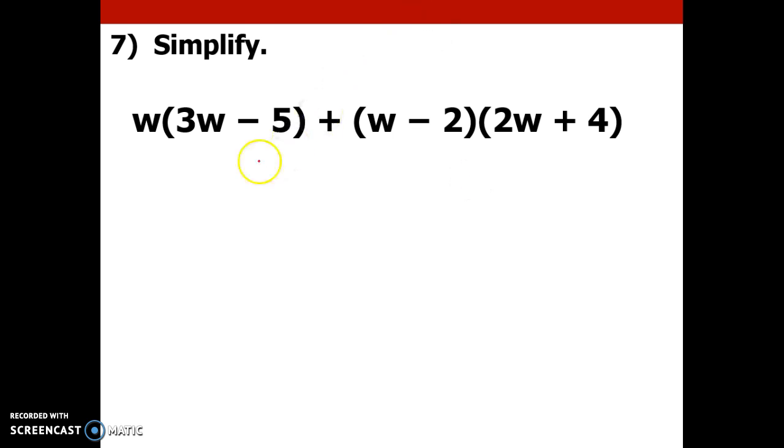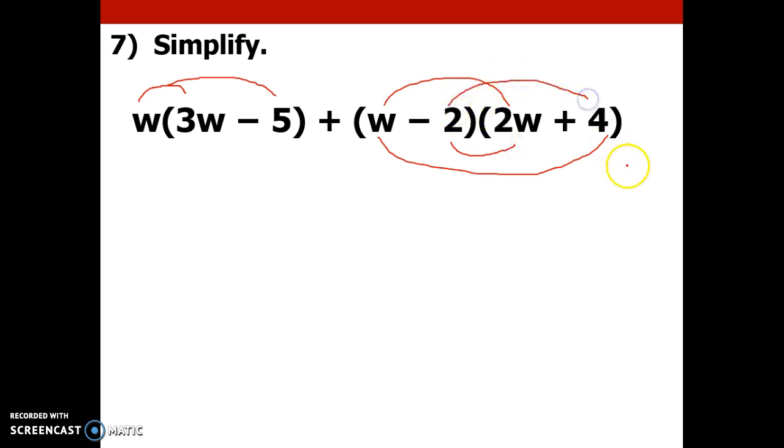So we're just going to distribute, and part of distributing is doing FOIL: first, outer, inner, last. When I distribute over here, you're going to get 3w squared minus 5w. Cool, cool, cool. Over here, I go ahead and I FOIL. I'm going to get w times 2w is 2w squared.